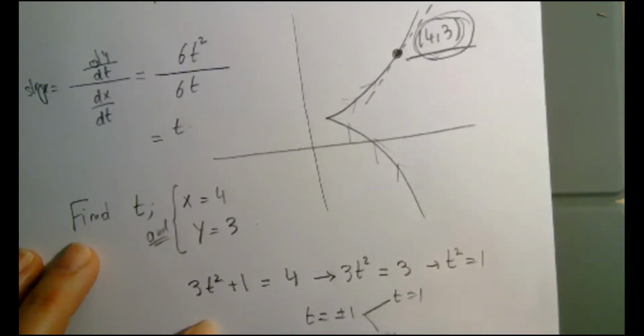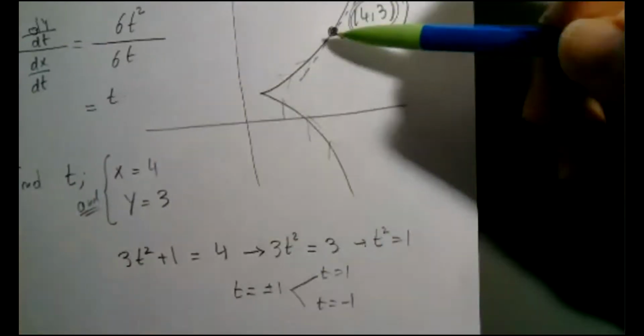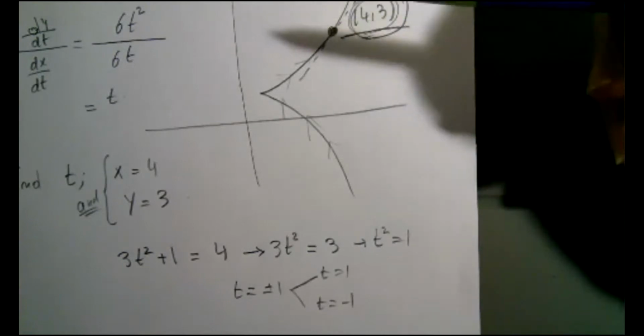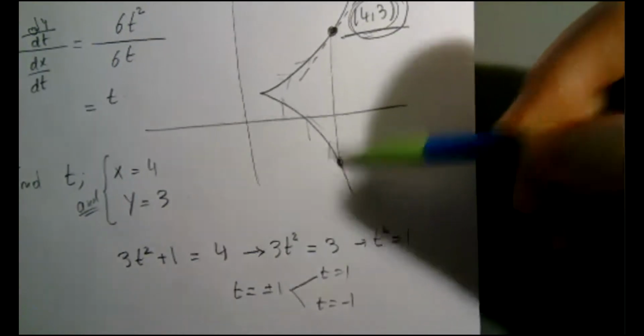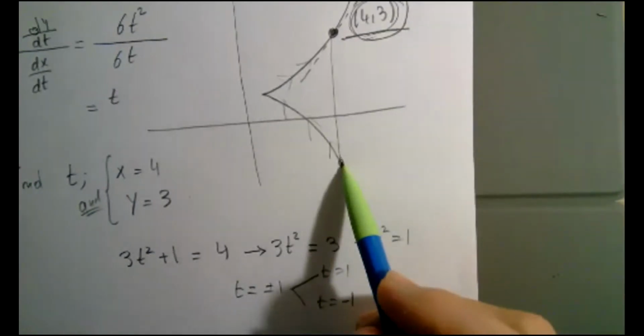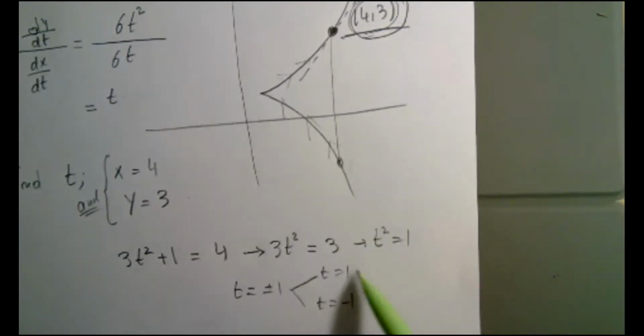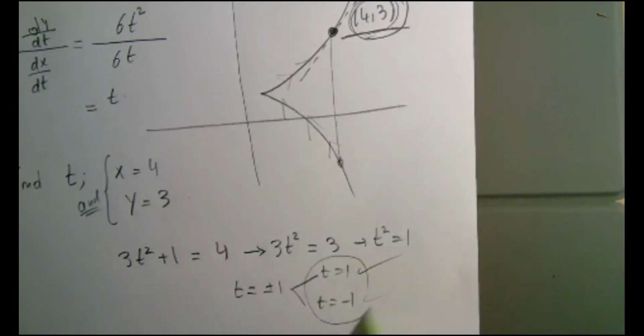So the x coordinate is 4 for two values: for t equals 1 and for t equals minus 1. Now the question is, for which one of them is y equal to 3.